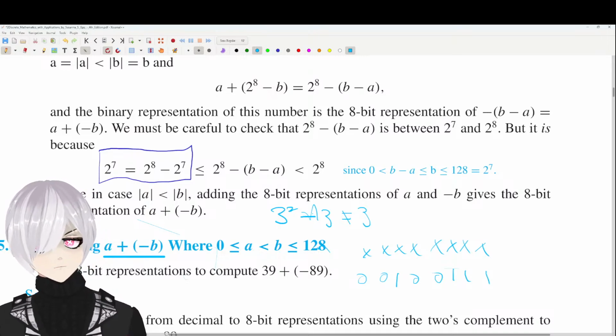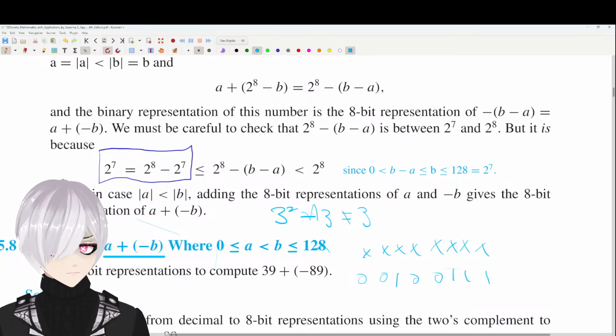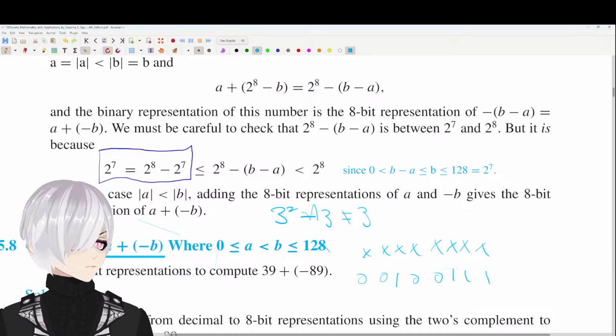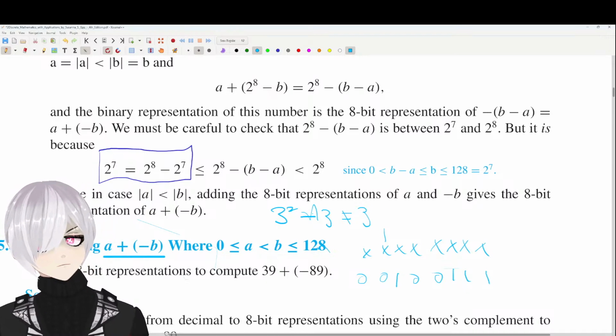Plus 89. So we can find 89 and then find the 2's complement of it. For 89, we can get 64 from here. So we have 25 left.